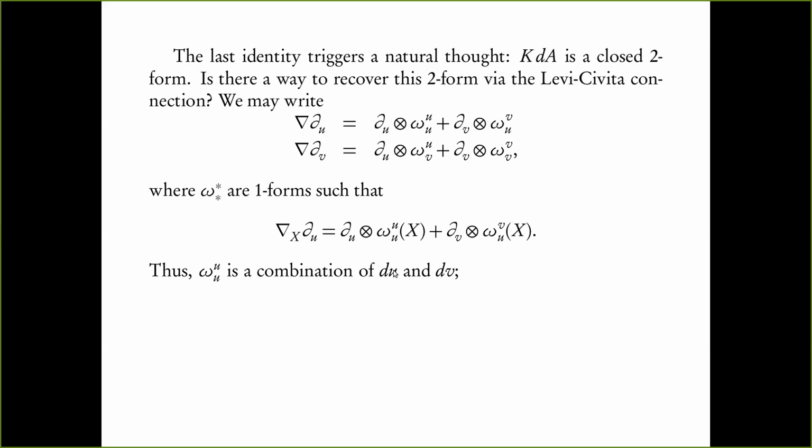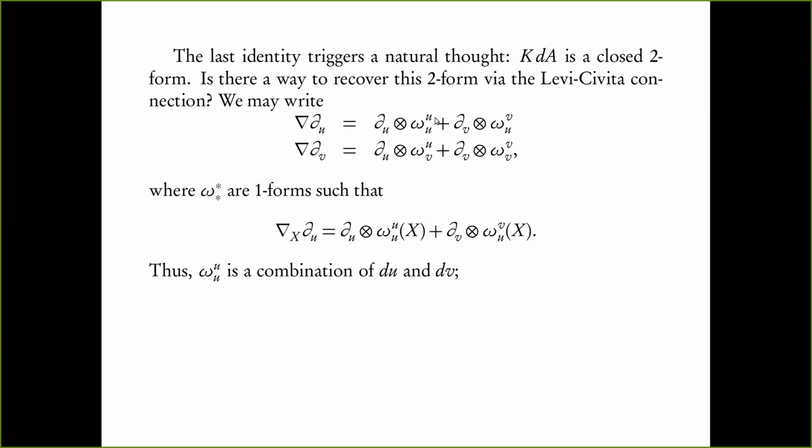So du acting on del u gives me 1, and then f comes out, and g dv acting on del u is 0, because du, dv is a dual basis to del u, del v. So I have to hit this with del u to recover f. Correct? Similarly, I have to hit this with del v to recover g.